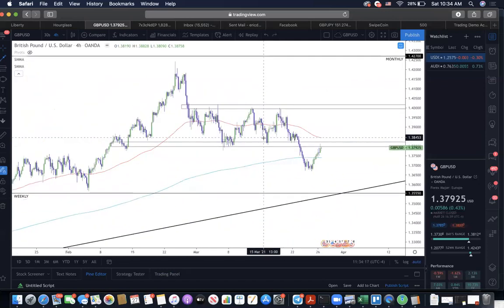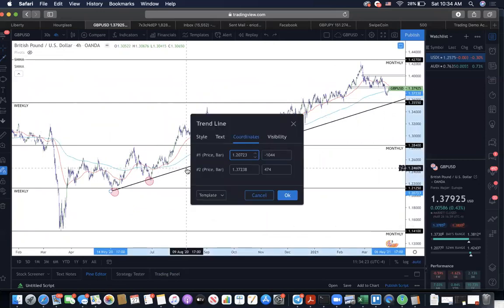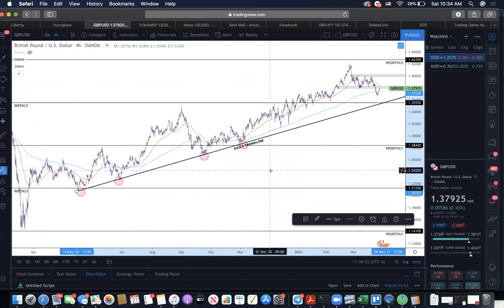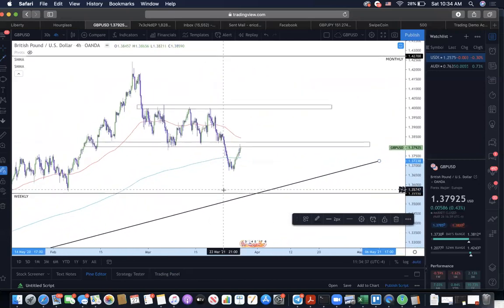Now I'm gonna label this so I know what this is. I'm gonna label this daily trend line, right? So I know that this is my daily trend line.